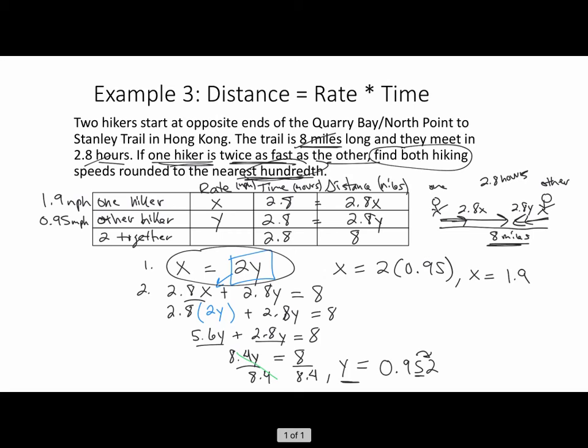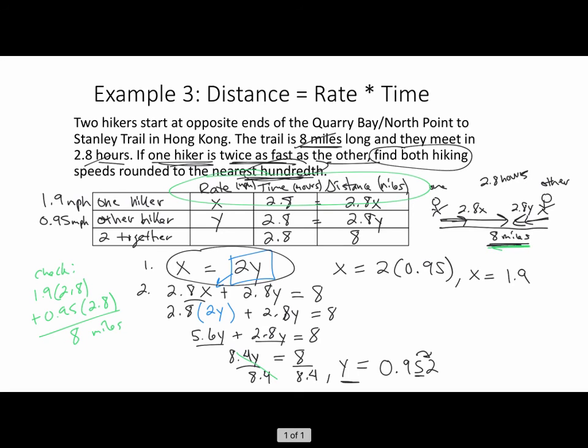Does that seem reasonable? Well, you probably hike faster than that, but there is a way to check to see if we're right. We can just go ahead and put that into our rate times time equals distance. So the rate of one hiker times the time plus the rate of the other hiker, 0.95 times the time, would equal roughly 8 miles, exactly the total distance, remember?